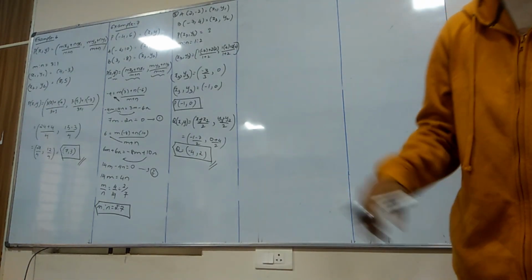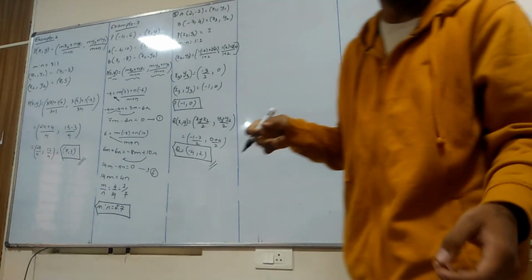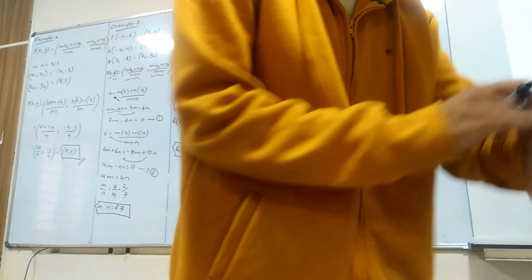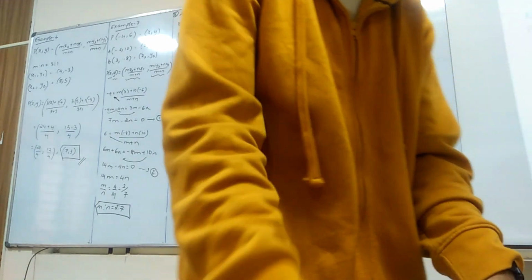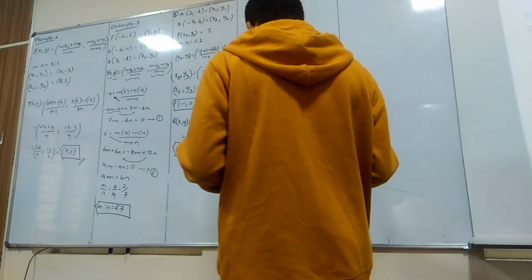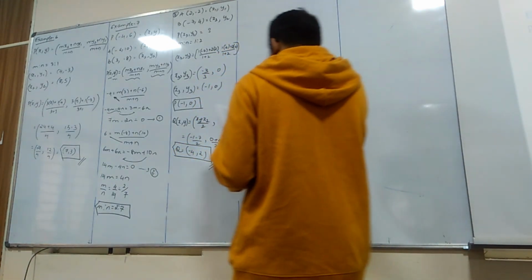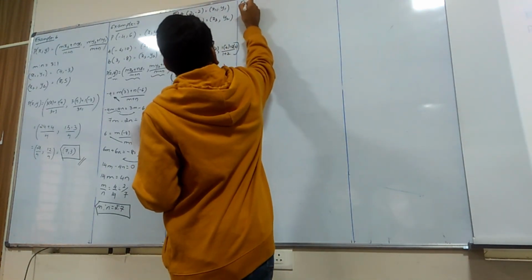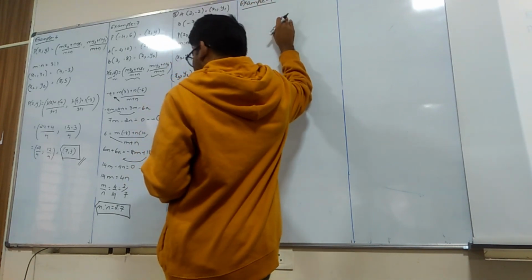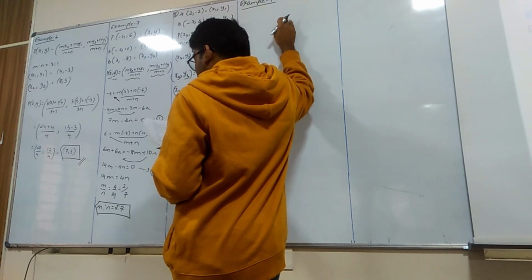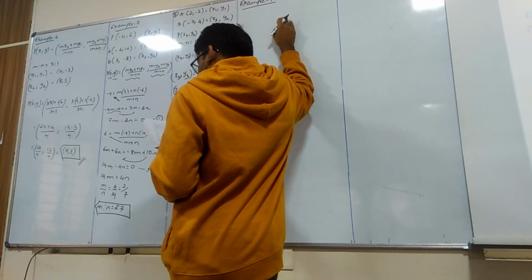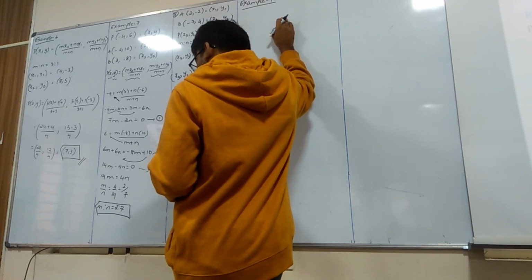Okay, this is example 8. Example 9 we will take. Shall we? Example 9: find the ratio in which the y-axis divides the line segment joining these 2 points and find the point of intersection.